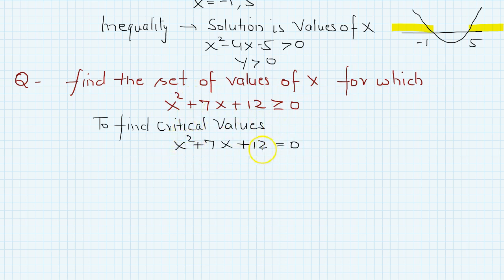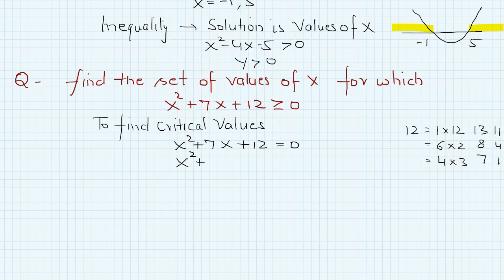This is 12, so its factors will be x squared plus factors of 12. 12 is equal to 1 times 12, 6 times 2, and 4 times 3. 12 plus 1 is 13, 12 minus 1 is 11, 6 plus 2 is 8, 6 minus 2 is 4, 4 plus 3 is 7, 4 minus 3 is 1.